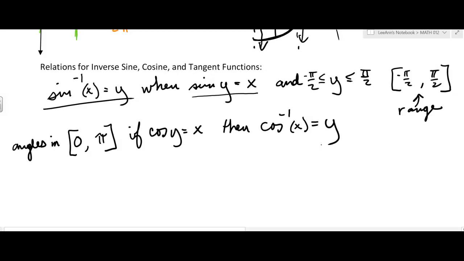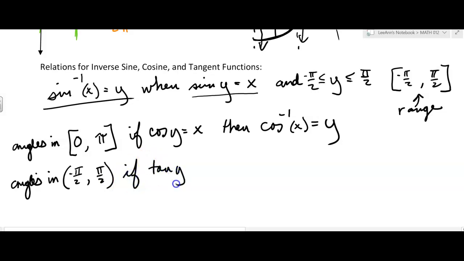And then for angles in the interval, but we don't include the endpoints this time, negative pi over 2 to pi over 2, if tangent y equals x, then inverse tangent of x equals y. So we have to restrict it.